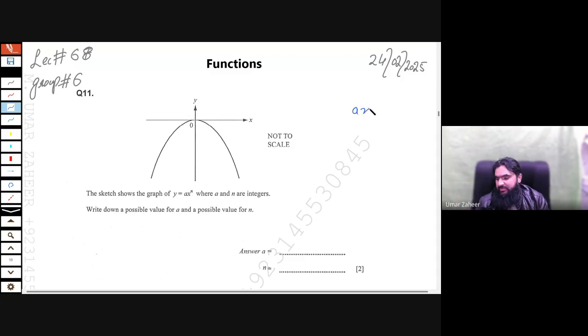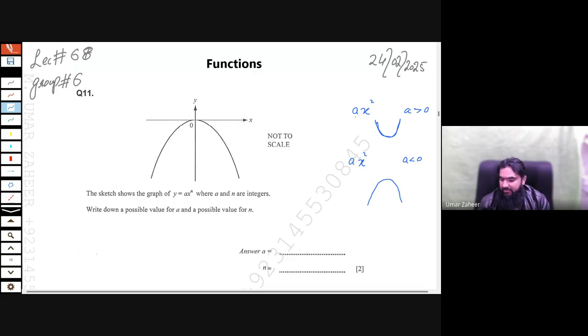if you have ax squared, and the coefficient a is greater than 0, the graph is going to be a parabola like this. And if you have a graph ax squared and a is less than 0, it means the coefficient of x squared is negative, then the graph is going to look like this.